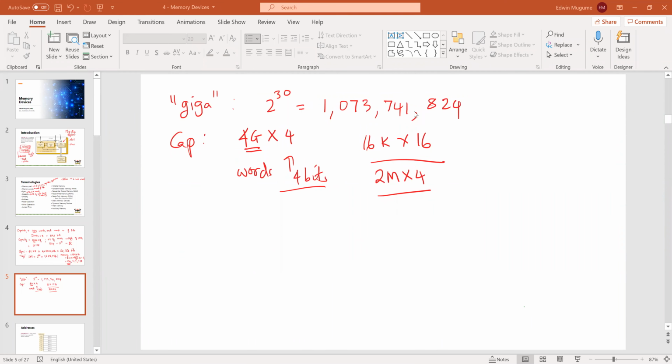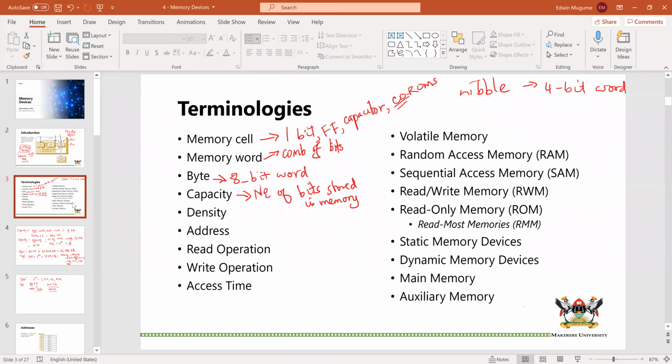Let's go back to our terminologies. Density is also something that describes capacity, but in the sense of per unit size or per unit space. And so when we say that one memory device is more dense compared to another, we mean that in the same size of space or substrate, one memory device stores more bits.